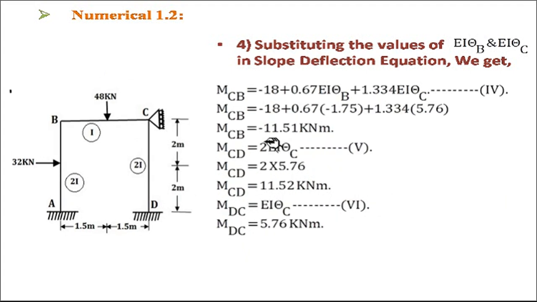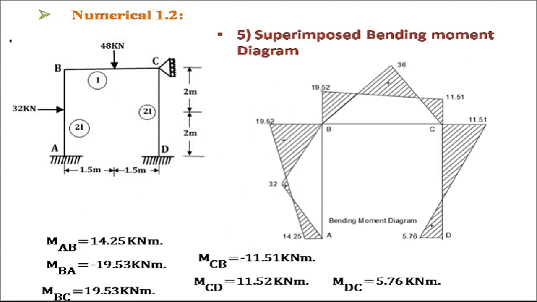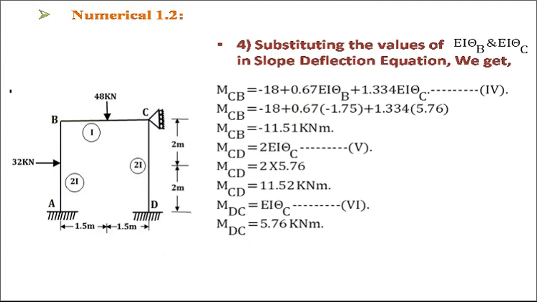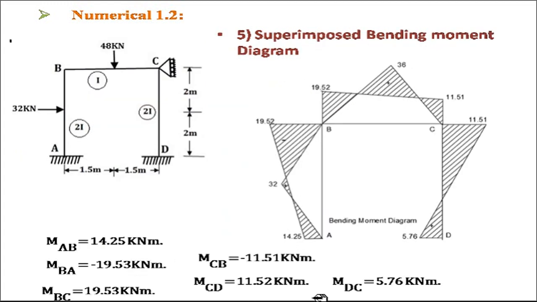In CB it is minus 11.51, in CD it is 11.52, and in DC it is 5.76. These are the moments in the different members of the portal frame.